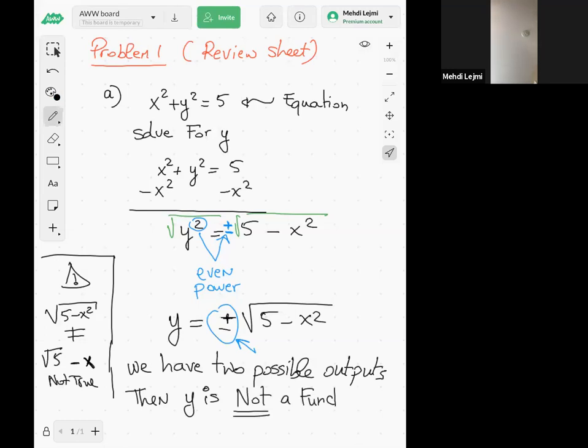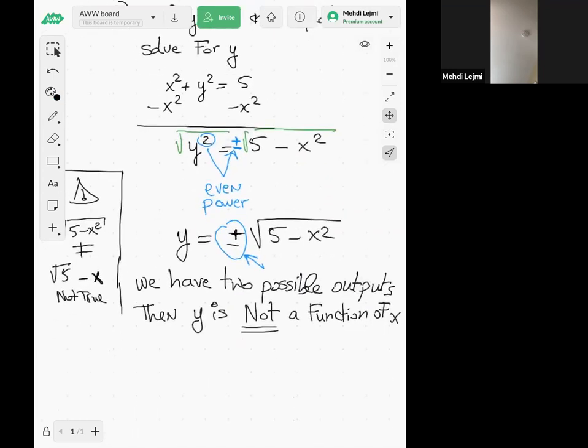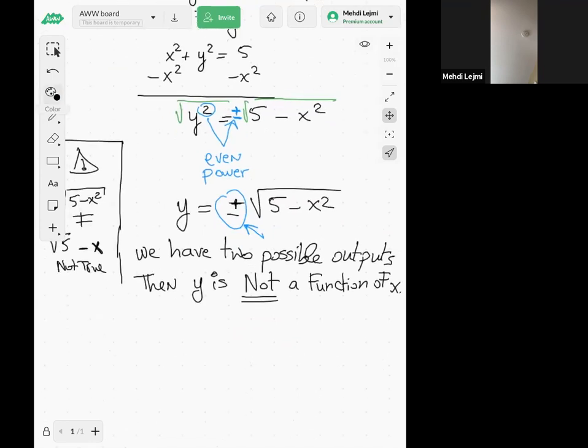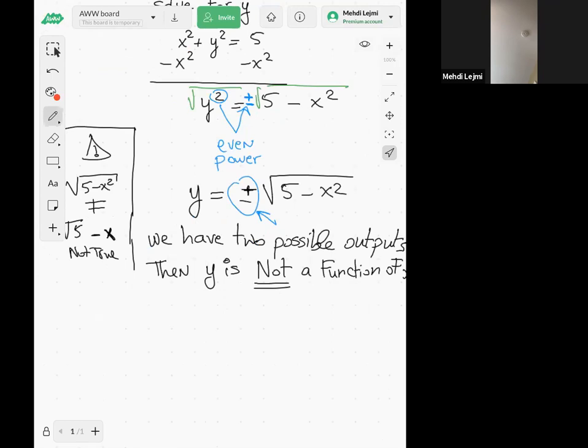Now in b, the power of y is odd, it's y cubed. Guys, again, please feel free to interrupt me and ask questions. All right.